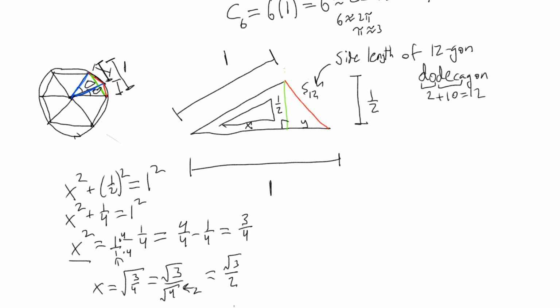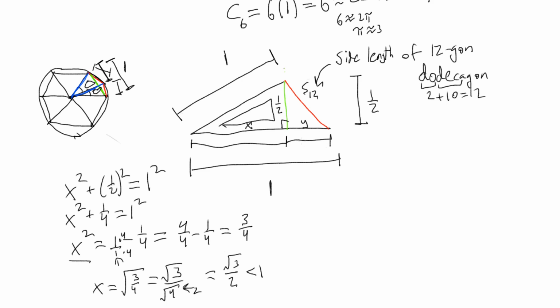And the reason I decided to take the positive square root here is that we know x is a length. So x cannot be negative here. And this value is definitely less than 1. So we've definitely satisfied the geometric conditions of this side length here.